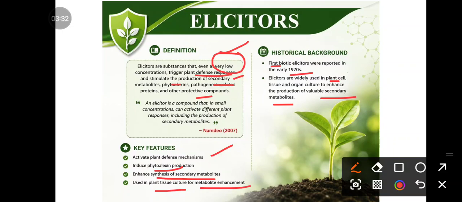But if a substance is modifying the plant defense, modifying the plant system in such a way that the system will favor the growth and development of the pathogen, not the plant, that will be called an effector. We will discuss everything about effectors in a separate video. Just for your knowledge I am discussing this.